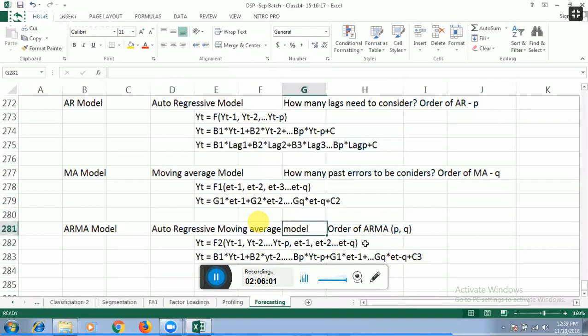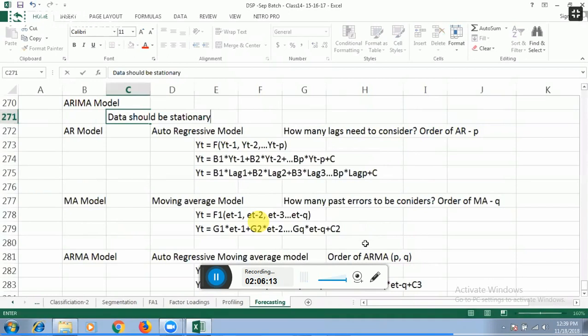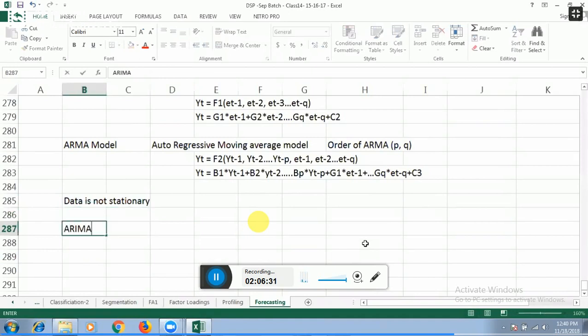But whenever we are performing AR or MA or ARMA, the prerequisite is that the data should be stationary. If the series is stationary, you can perform an AR model or MA model or ARMA model. But if the data is not stationary, then you will have a model called the ARIMA model.